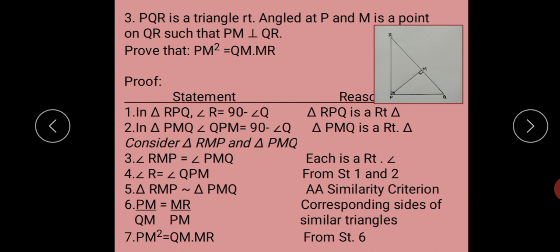Say, for example, you are given QM is equal to 4 and MR is equal to say 9, and you are asked to find PM. So PM square will be 4 9s are 36. So PM will be 6. So many times such objective questions are asked where you can use directly the final result of this rider.